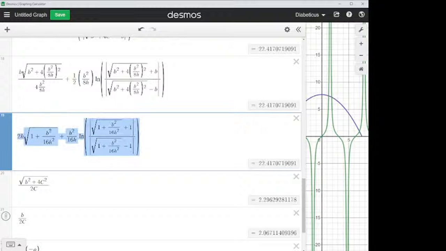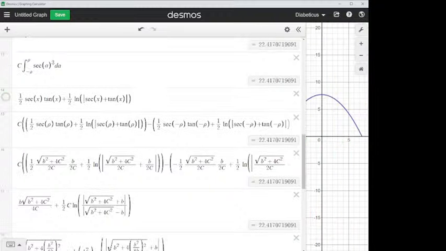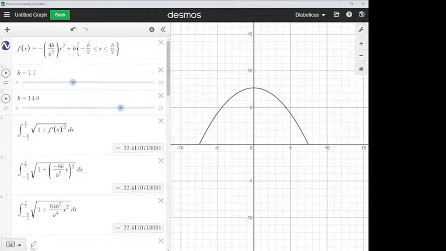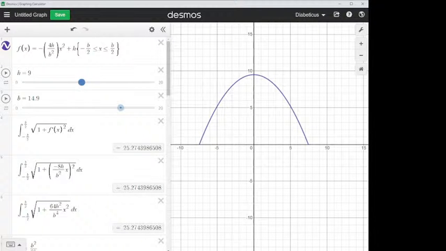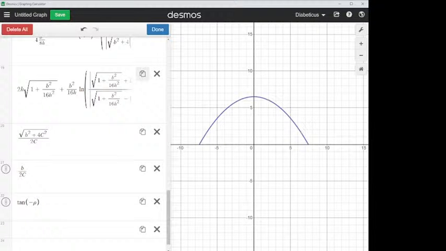Alright, now we have an expression for the arc length of a parabola of any base and height. Okay, look at this. Let me copy this down.